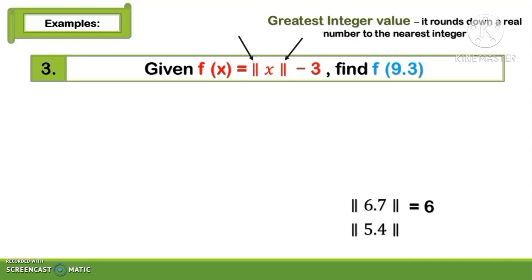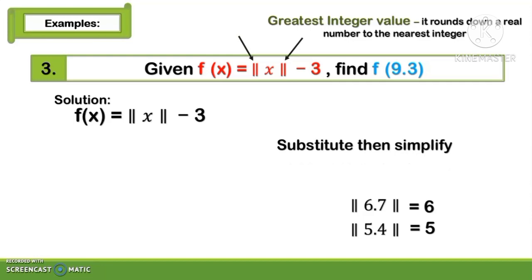Pag kinuha natin yung round down niyan, it will give us 5. So, let us have the given. F of x is equal to the greatest integer value of x minus 3.